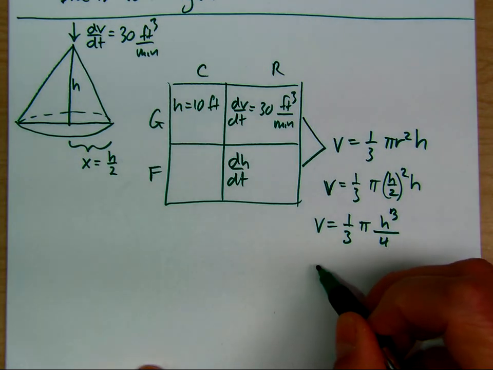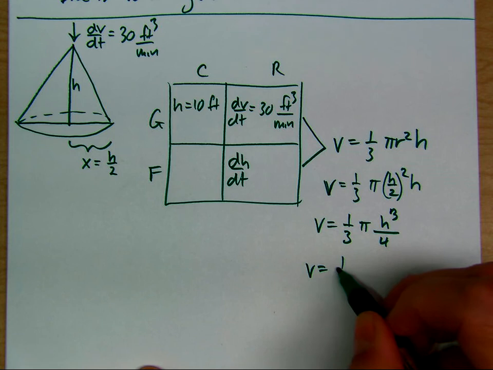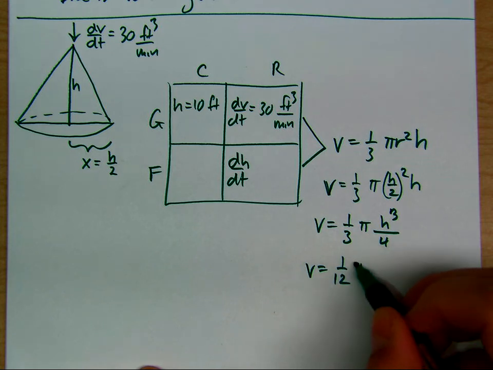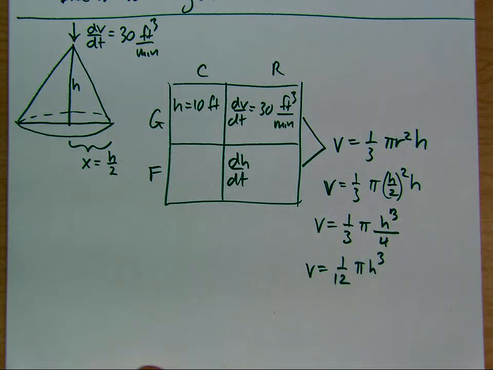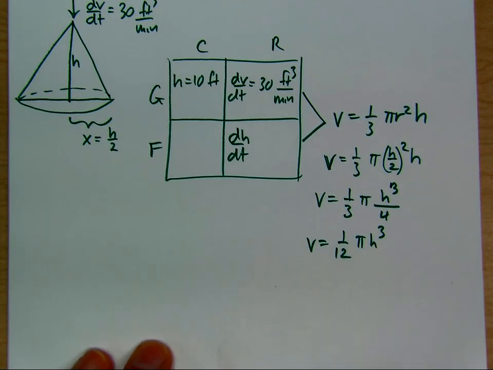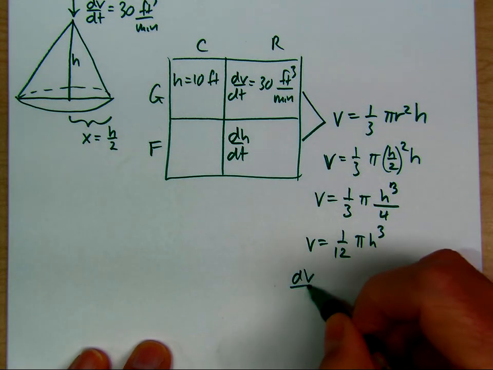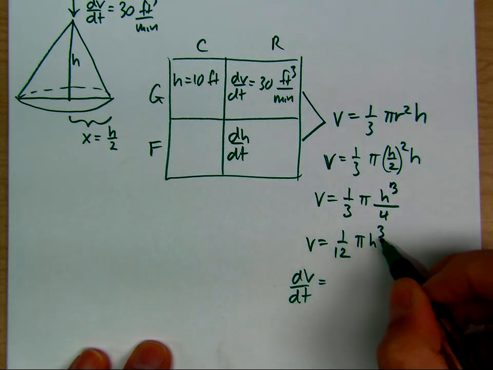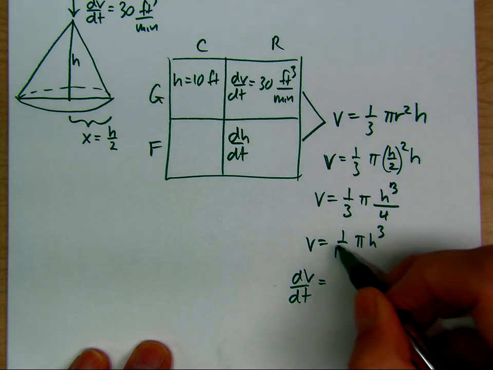And now we have 1/12 pi h cubed. So dV/dt, we'll find the derivative by using the power rule, multiplied by 3, so that's 3 over 12.